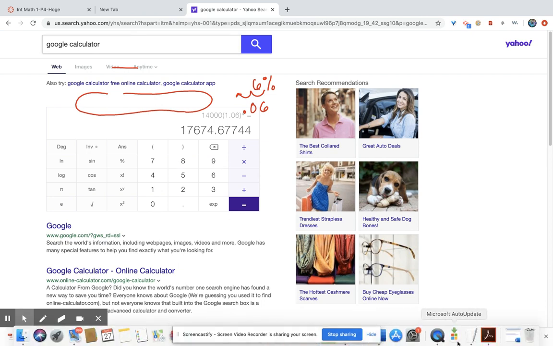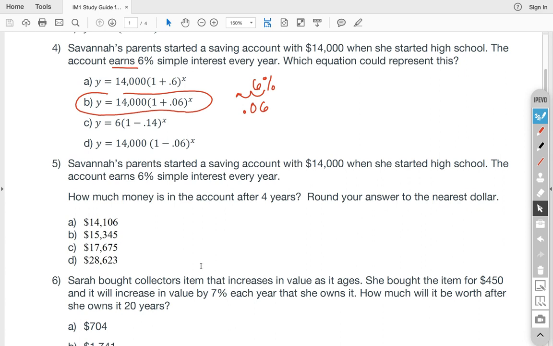So let's go back. 17675, that would be C. Don't forget to put what you typed in the calculator. That's what we typed in, and this is what we got. All right, so that's the answer for 4 and 5.